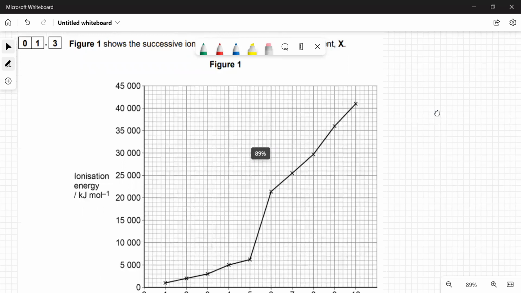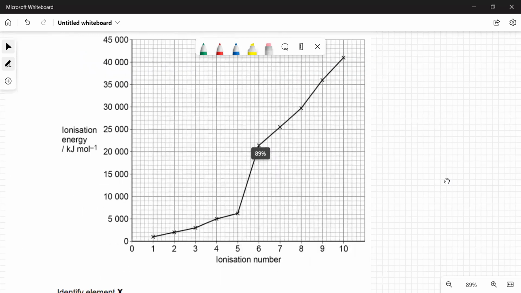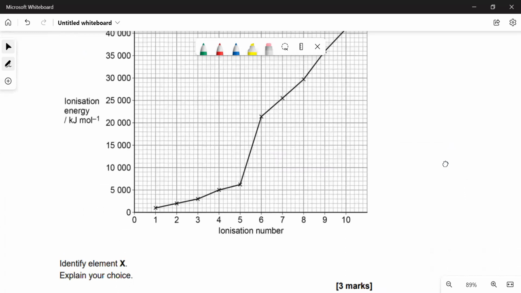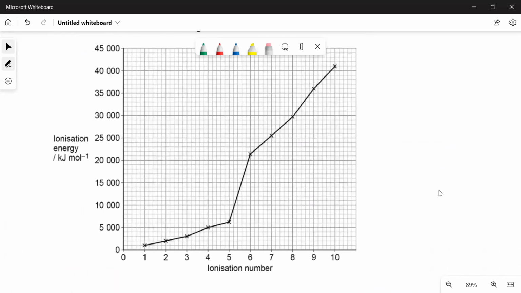What you've got to do is identify the element X. So you can see here that for the first electron, the second, the third, the fourth, and the fifth, there's just a modest increase in successive ionization energy, but for the 6th one, there is a big jump. Now that would indicate that you have got 5 electrons in the outer shell.